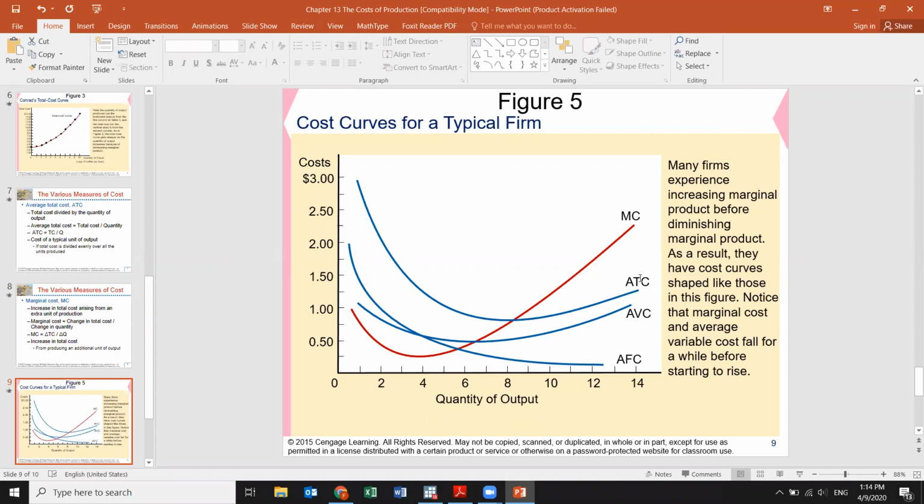We said that when the marginal cost intersects with the average total cost, it underlines the minimum point of average total cost, because all firms aim to minimize their cost, and this is the point where they're minimizing the cost of producing something. So this is the point of efficient scale.